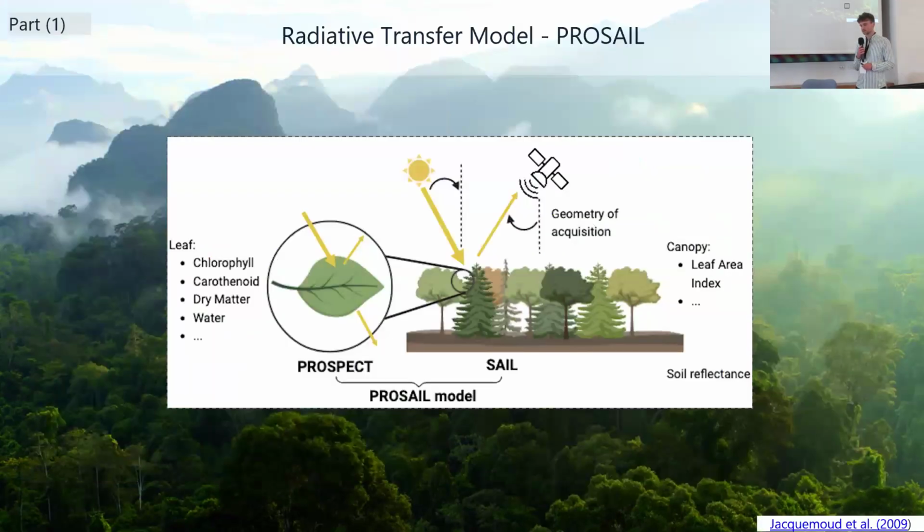Okay, let's quickly reiterate the World Reforestation Monitor. The idea is that we map certain biophysical variables of vegetation, including, for instance, the leaf area index within a canopy. And we can do this with the help of the so-called mechanistic radiative transfer model.